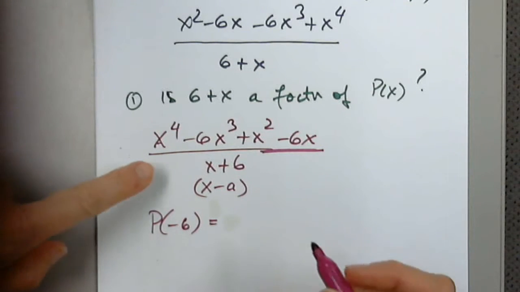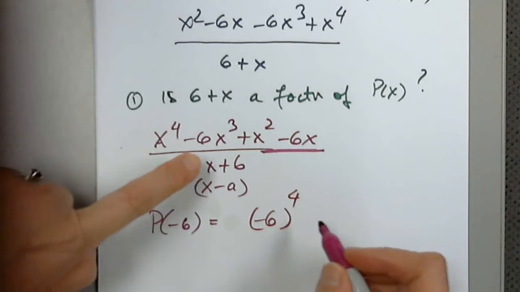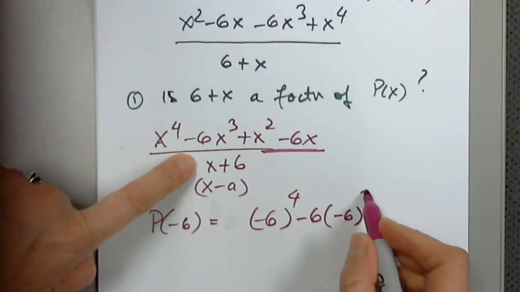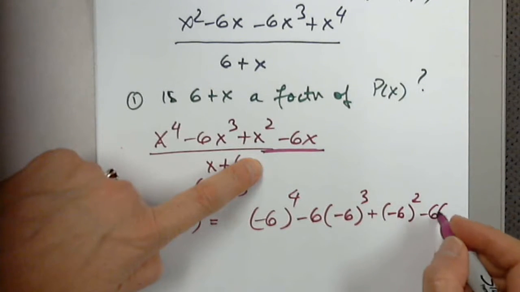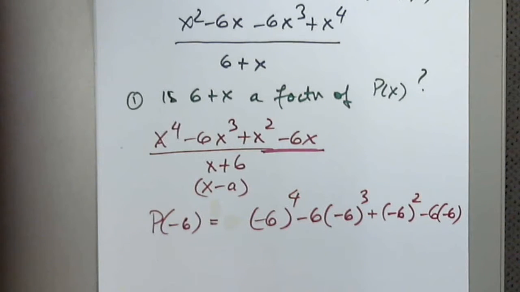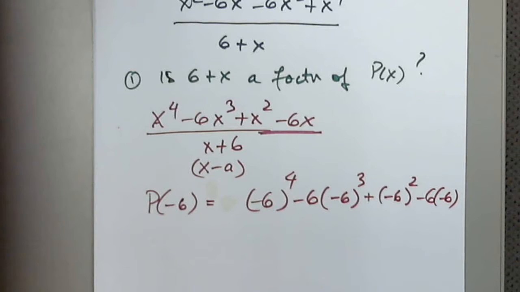Good. So I have negative 6 to the 4th power, minus 6 times negative 6 to the 3rd, plus negative 6 squared, minus 6 times negative 6. So this is negative 6 to the 4th, which will be positive.